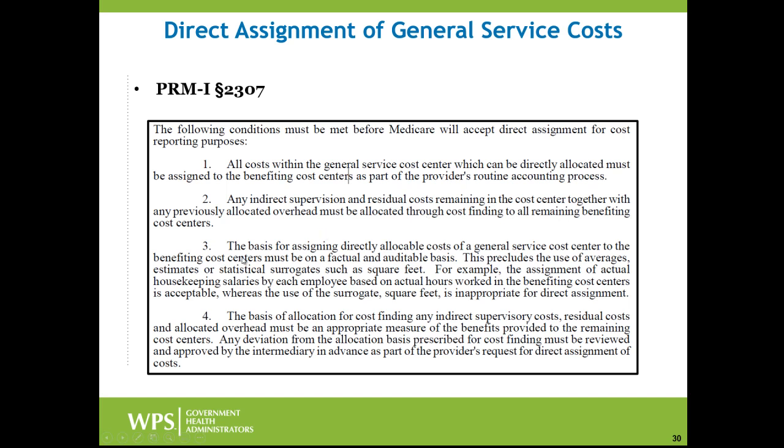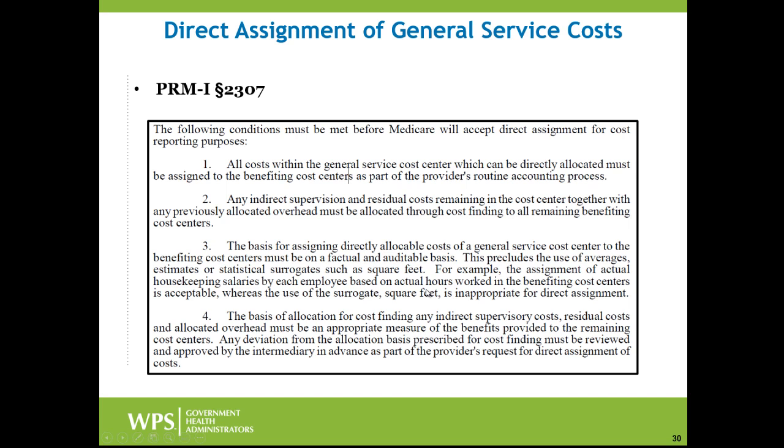Number three, the basis for assigning directly allocable costs must be on a factual and auditable basis. We said that earlier. You cannot use averages. You cannot use estimates. You cannot use any sort of statistical surrogate or a time study. They give this example again of housekeeping.